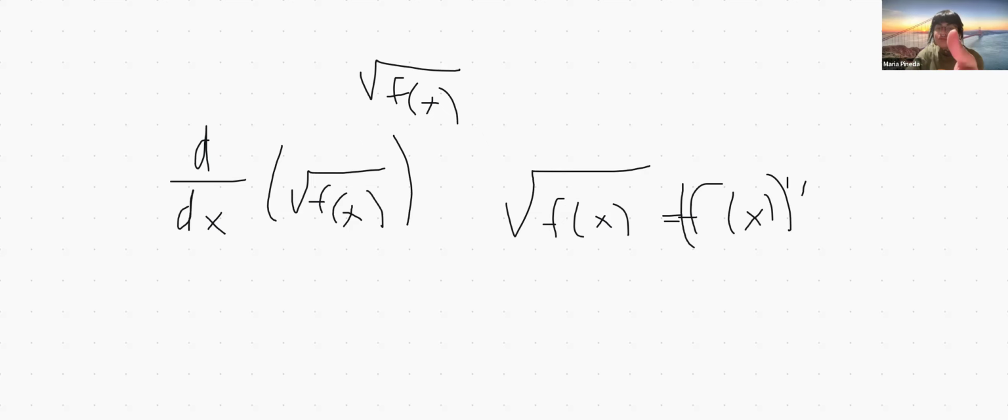This is how you rewrite the square root, and after that you apply the power rule to differentiate the outer part.